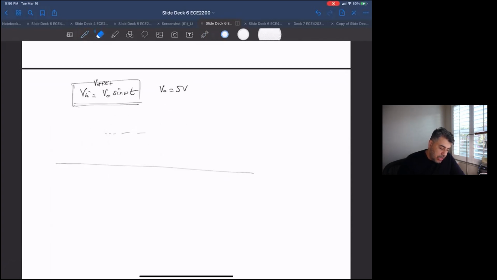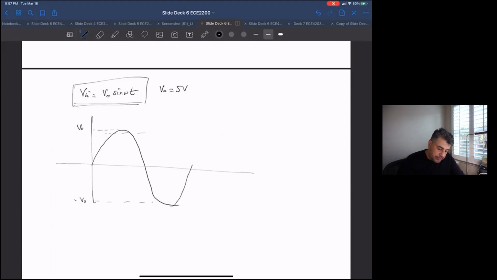But without this offset, what's given in the problem is you just take the sine function, which goes from 1 to -1, and you multiply it by V0. So it's basically a sine wave centered around 0 that goes up and down from V0 to -V0. That's a really poor looking sine wave.